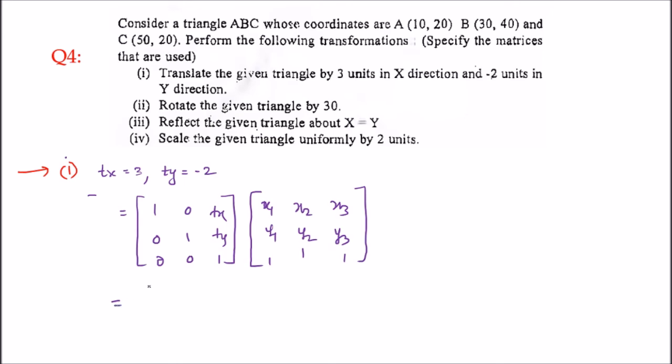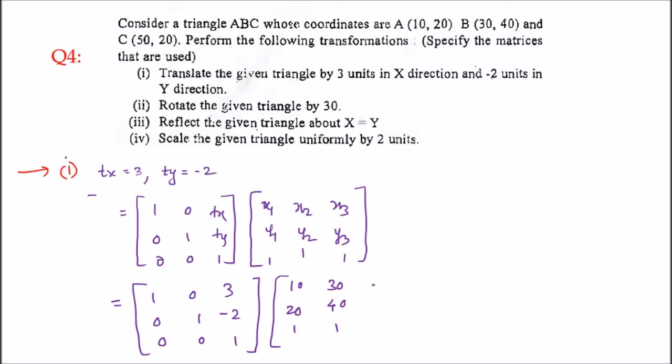So put those values: [1 0 3; 0 1 -2; 0 0 1] multiplied by the coordinate matrix 10 20 1, 30 40 1 and 50 20 1. So do the multiplication.